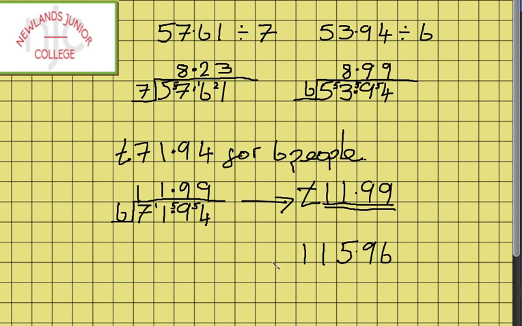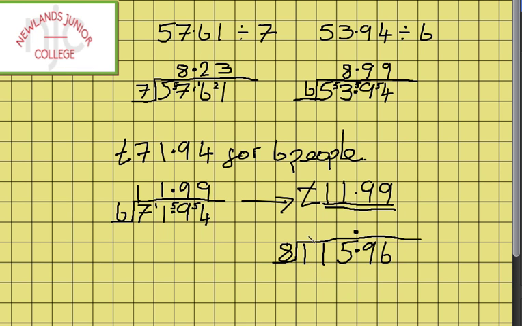I want to know how much each person has to pay to the nearest penny. Okay, so remember the bill was for £115.96, and that was between 8 people. So let's get straight into this. Before we do, of course, make sure you put your decimal point where your answer is going to be.